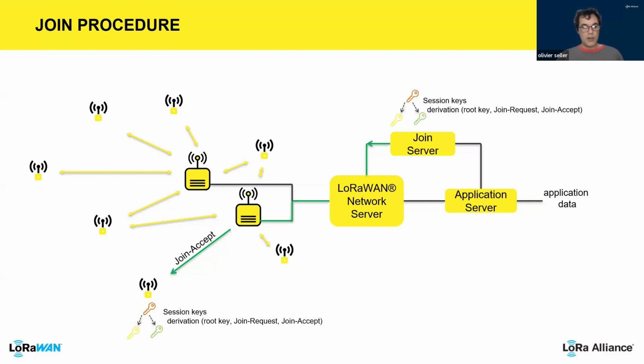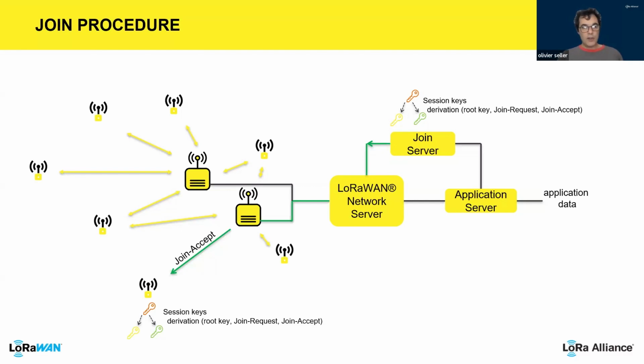Because it has authenticated the join request, it can send back a join accept message, which is also protected and signed by this root key. So the device verifies that the join server also shares with it this red root key.